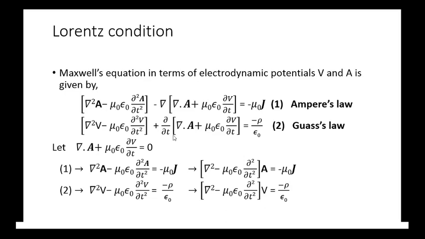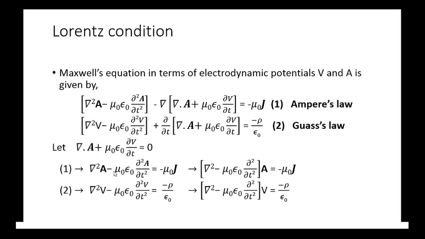This term and this term gets cancelled. So the first equation will be del square A minus mu 0 epsilon 0 dou square A by dou T square is equal to minus mu 0 J, and del square V, that is the second equation, del square V minus mu 0 epsilon 0 dou square V by dou T square, which is equal to minus rho by epsilon 0.